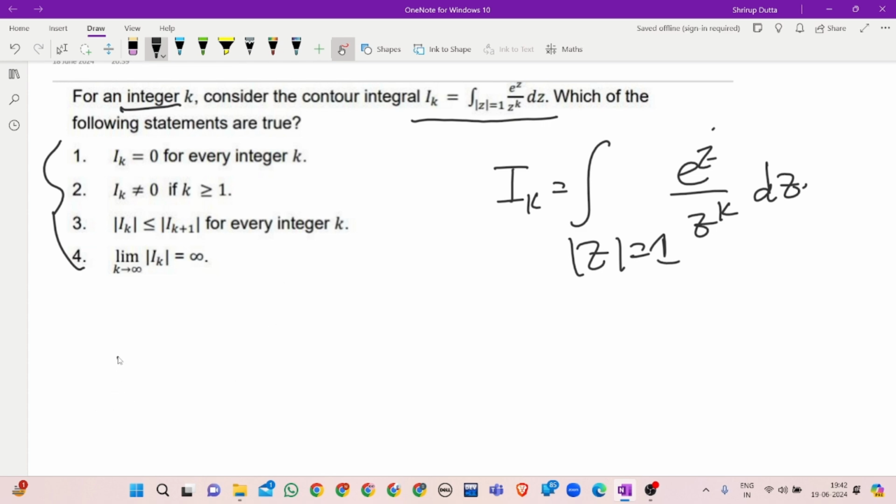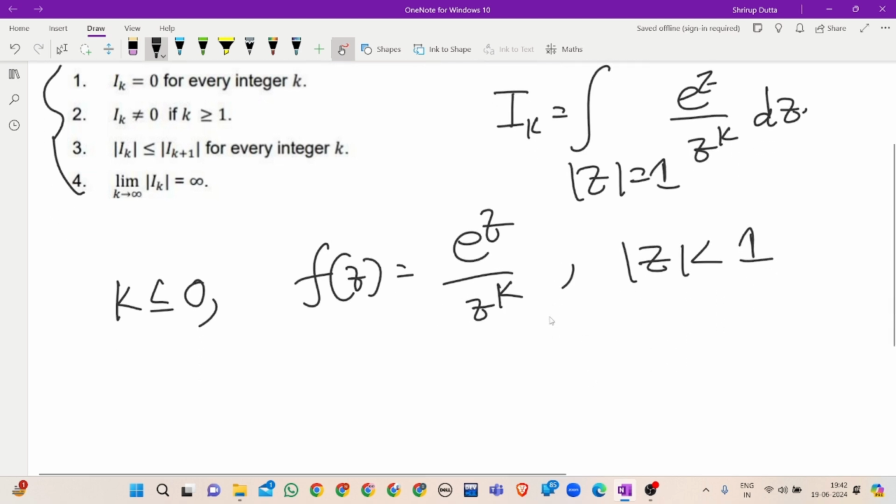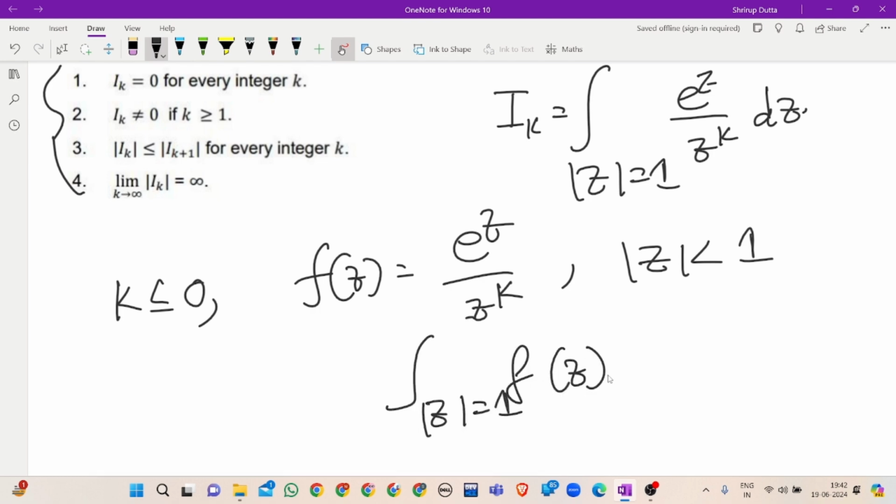So for k less than or equal to 0, the function f(z) = e to the power z by z to the power k is analytic over the domain |z| less than 1. So the contour integral, by the Cauchy-Goursat theorem, will be 0.